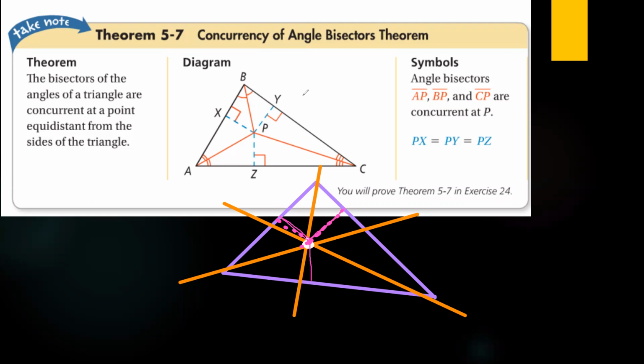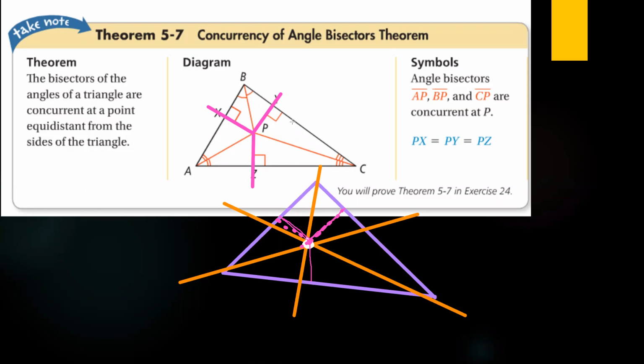As you see here in this triangle ABC, we have a point P, which is the incenter of the triangle. From this point P, if you draw a line to cut the triangle, and another line, and another line, these 3 lines have the same length.